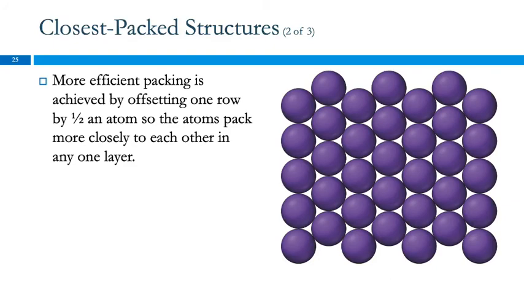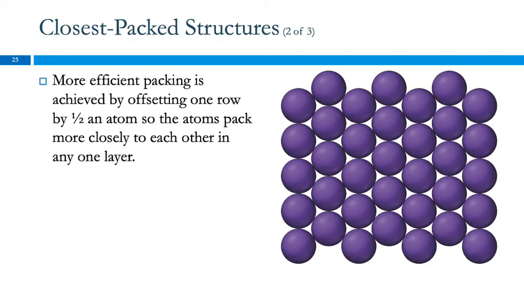A more efficient way to pack marbles or oranges, let's just stick with oranges, is here: what we've got is this row is offset from that row by half of an orange. See that? And so they're staggered together and they fit more snugly into each other.